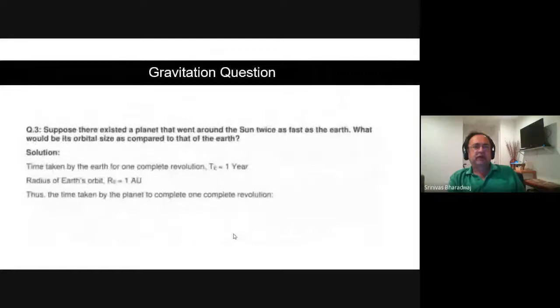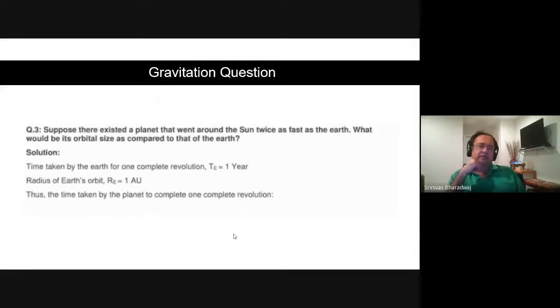So suppose there existed a planet that went around the sun twice as fast as the Earth. So its period is half. If the Earth's period is 24 hours, its period is 12 hours, right? What would be the orbital size? T square is proportional to R cubed, right?